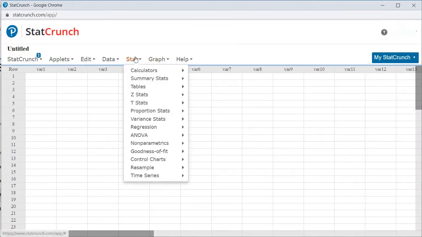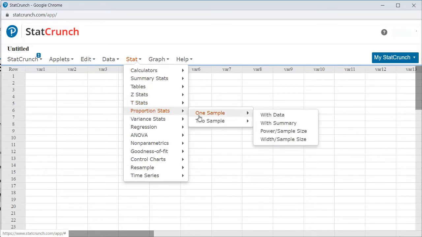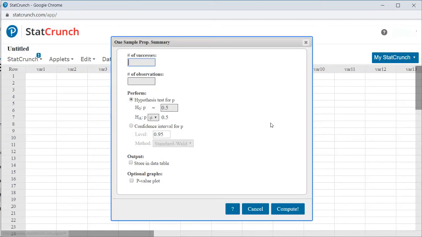In the same way, we could do this in StatCrunch. Again, I would go to Stat, Proportion Stats, One Sample. We have summary information. In this case, the number of successes is 285. The number of observations is 500. The value of p in the null hypothesis is 0.58.